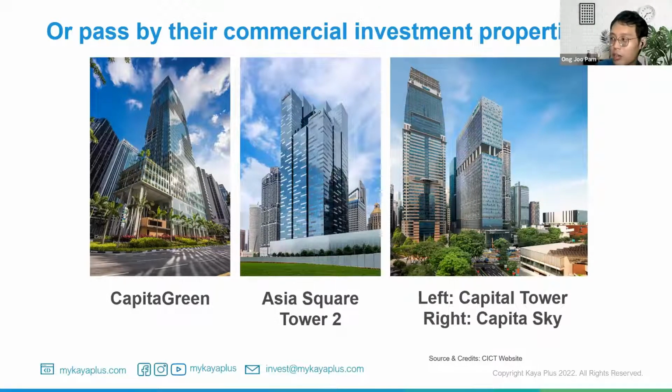You might not recognize them, but if you look closer and take a deeper look at them, you might have zoomed past them when you were traveling. Some notable examples would be Capital Green, Asia Square Tower, and also Capital Tower and Capital Sky. So these are properties that you are aware of, right? Malls that you have probably ventured into when you come to vacation in Singapore.